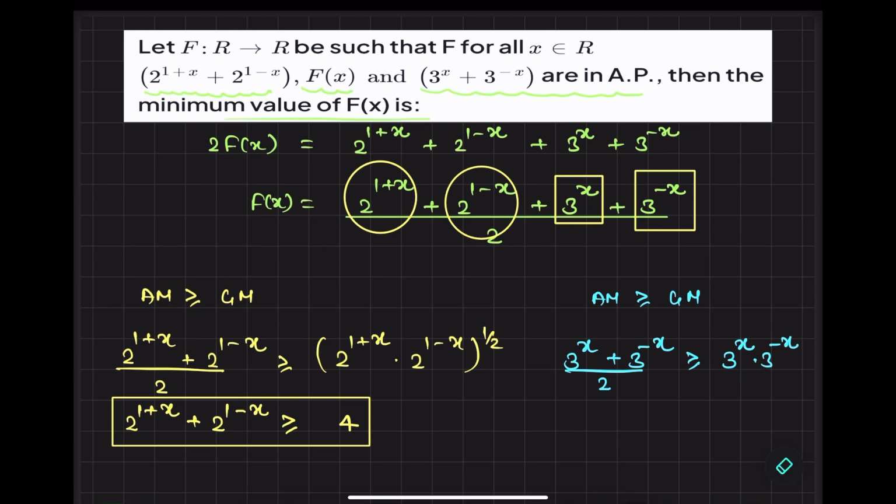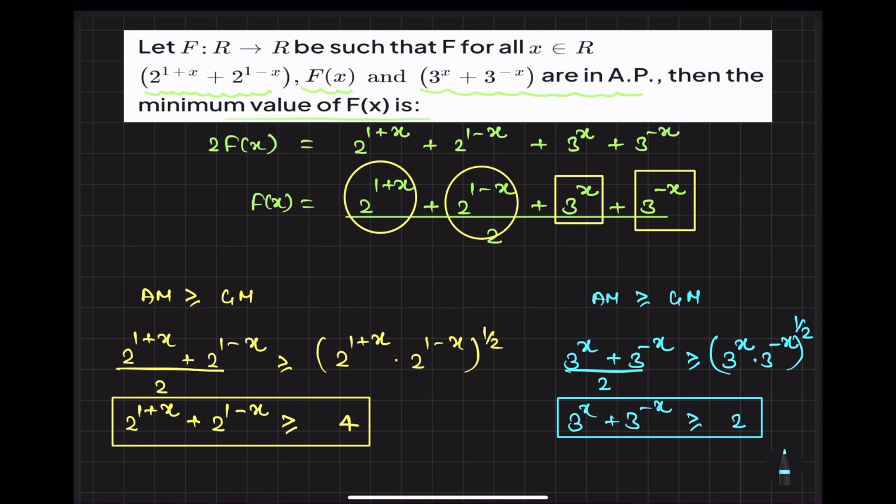Sorry, here we should apply powers. The base is the same, so powers add: 3 power 0 is 1, and 1 power 1 by 2 is 1. So can I say that 3 power x plus 3 power minus x is greater than or equal to 2. So the minimum value of 3 power x plus 3 power minus x is 2.